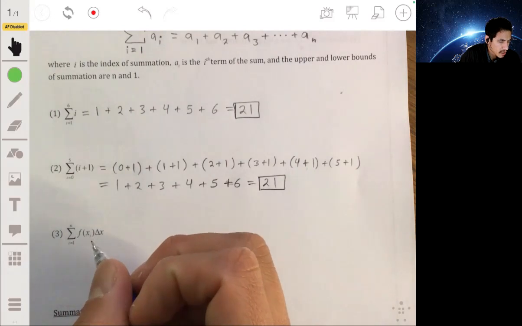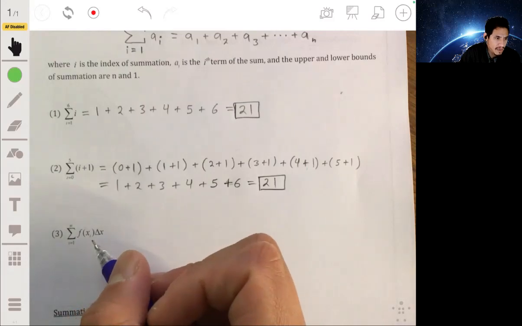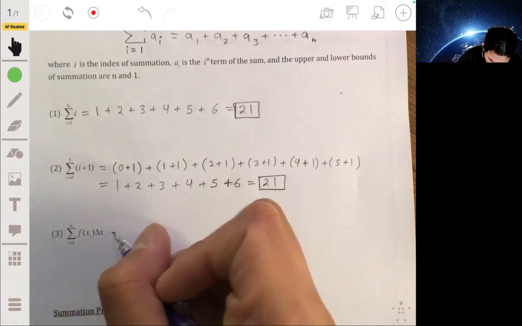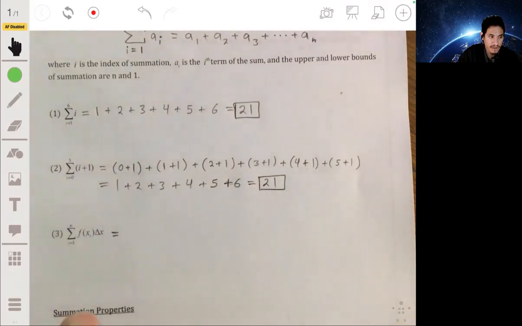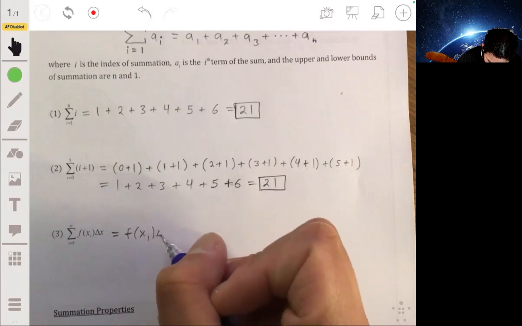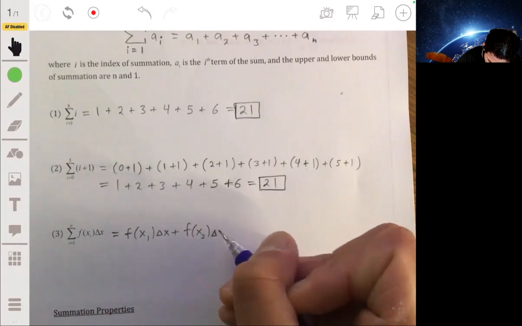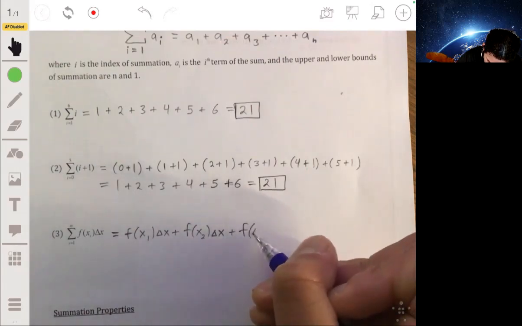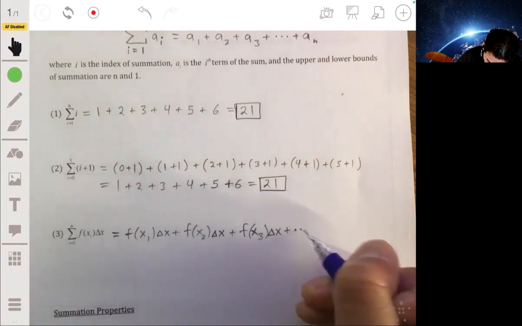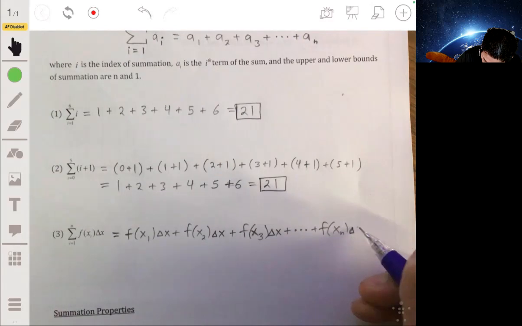In 3, we're adding the terms from i equals 1 to n, where each term is equal to f of x sub i times delta x. And this is basically not giving us an explicit value for each term, but what this means is that we're going to have f of x1 times delta x plus f of x2 times delta x plus f of x3 times delta x, all the way until we get to f of x n times delta x.